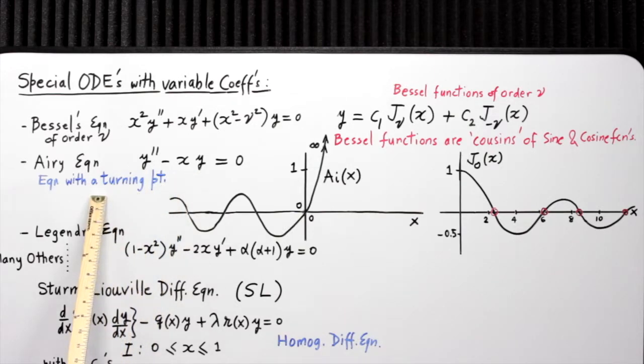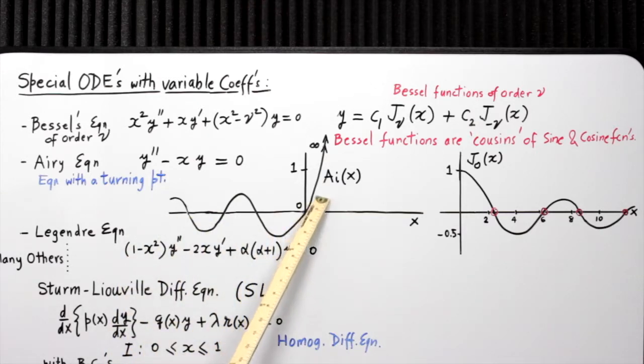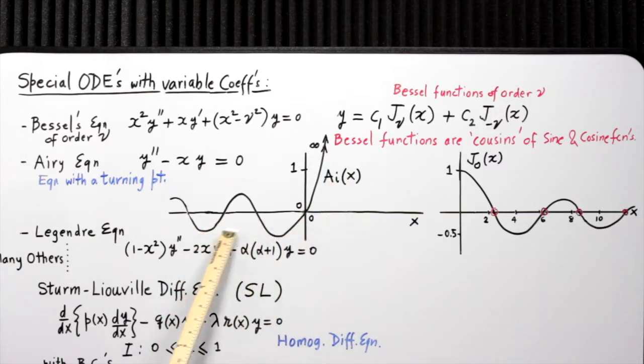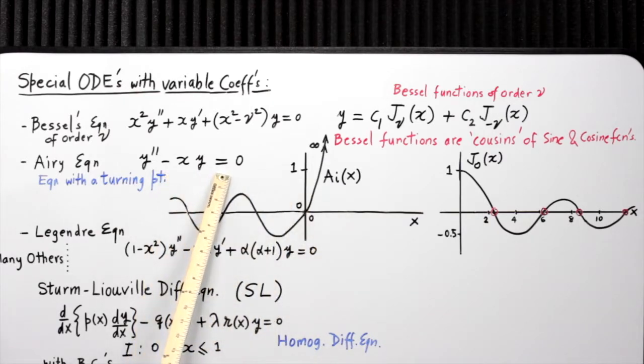So this simple equation is called an equation with a turning point. It provides solutions that are oscillatory for negative x, and exponential solutions for positive x. It combines oscillatory solutions with exponential solutions in a single equation.